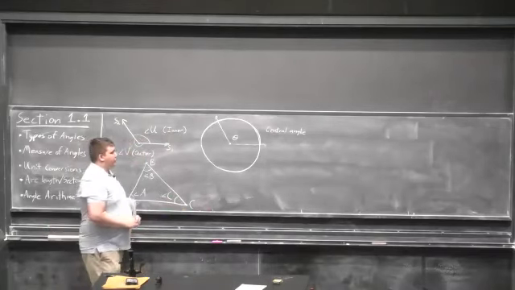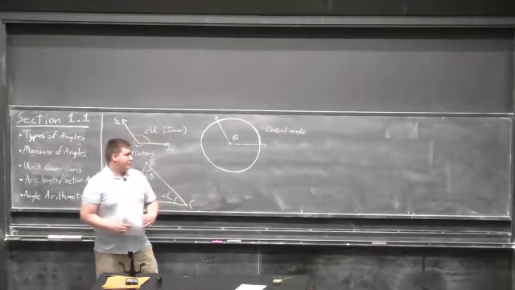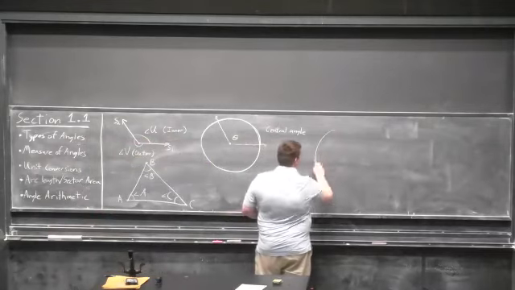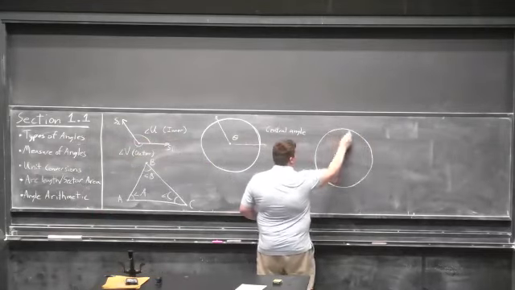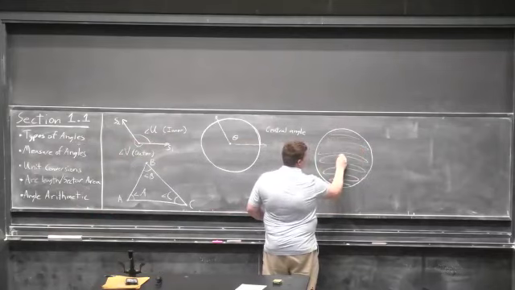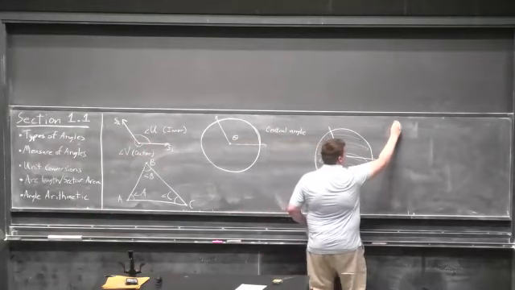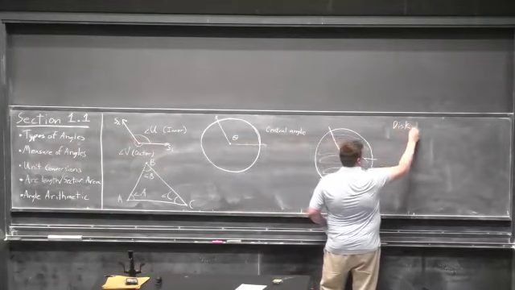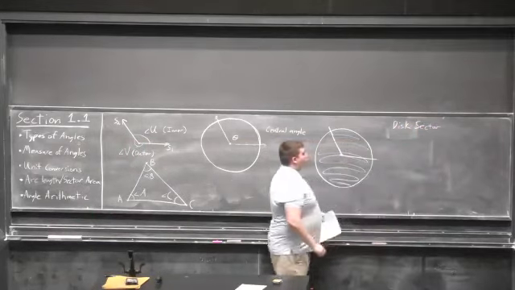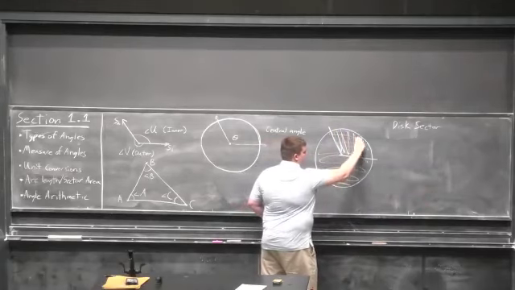We can also view this as not a circle, but a disk. So if I have a disk where I'm looking at the entirety of the area, we will call a disk sector a portion of this area, for instance, here.